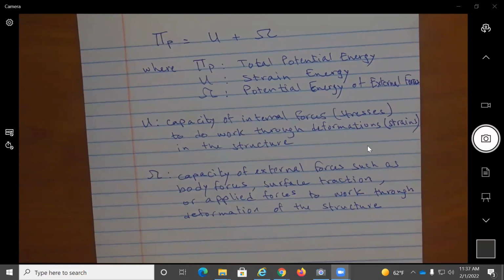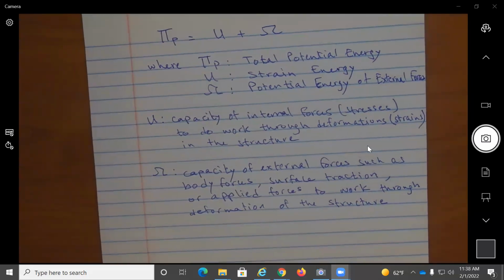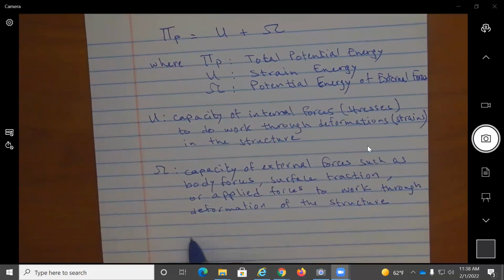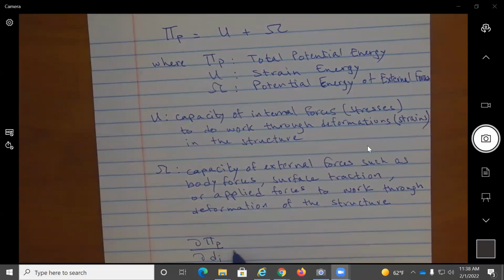And based on the potential energy approach, if we can calculate the total potential energy, if I take the derivative of the total potential energy with respect to any displacement di or nodal displacement di, the outcome should be 0.